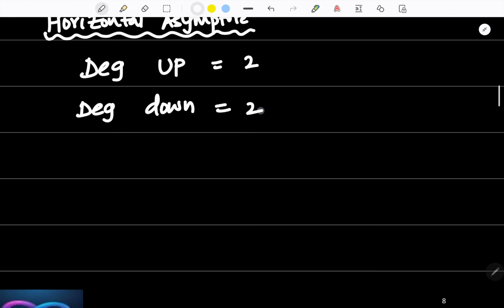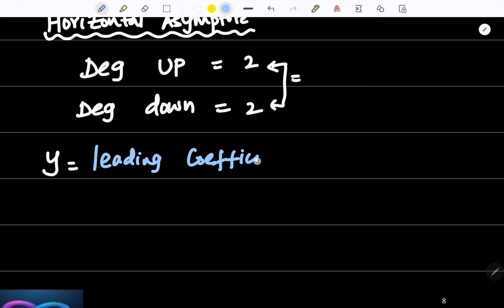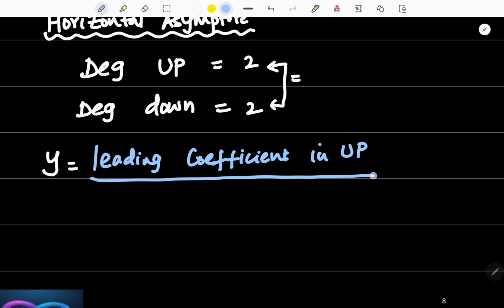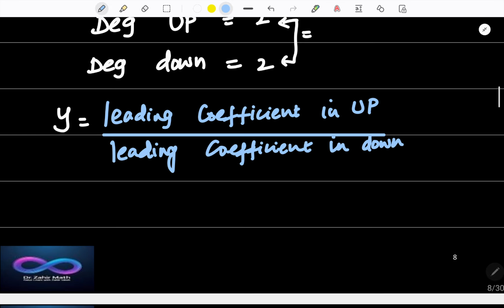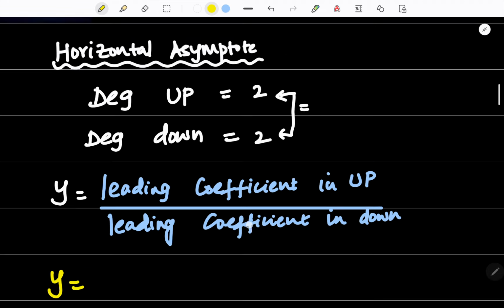So this is also 2. Equal or not equal? Equal. If it is equal, what is the rule? y equals the leading coefficient in the numerator, that is up, divided by the leading coefficient in the denominator, which is down.